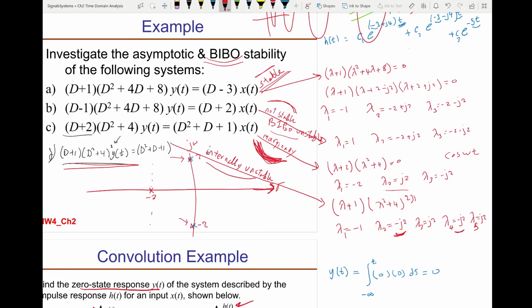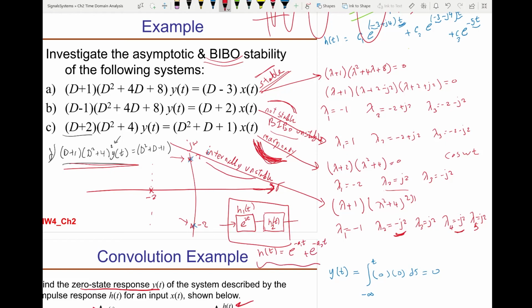When we take the Laplace transform, we will see that you may have a system here, e to the 2t, and another subsystem here with h of t. So when you do the convolution of this h1 of t and h2 of t, you may end up with total impulse response that has only negative exponents.